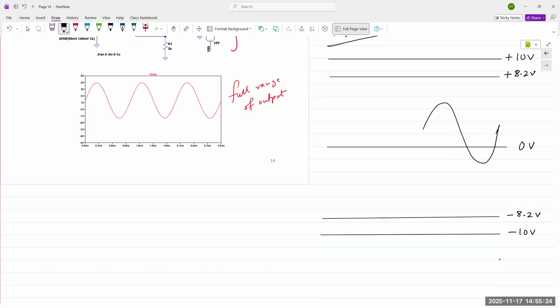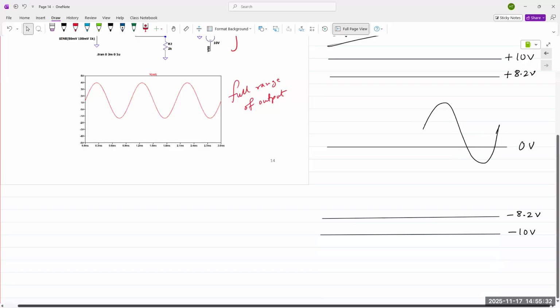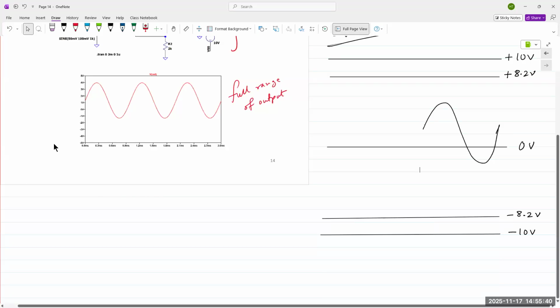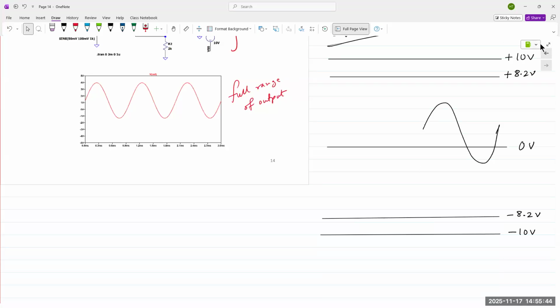Does that give a clear image and answer? Clear picture? Okay. All right. Any other questions? All right.